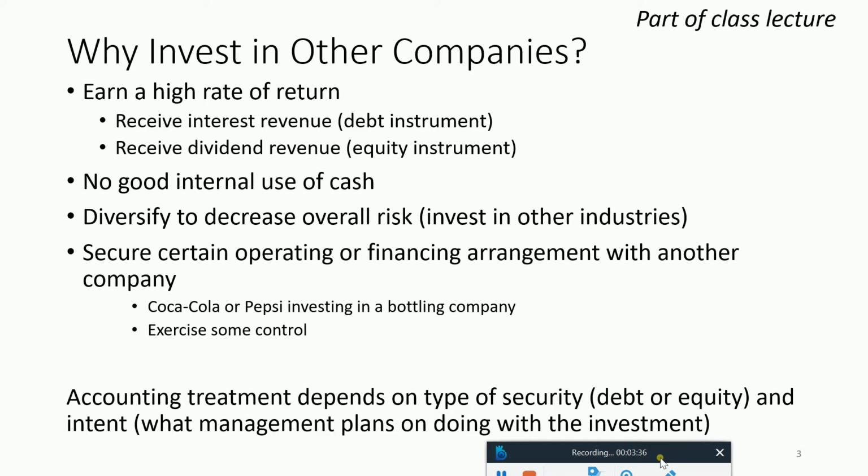It also can be a strategic decision, and that is to say that by investing in either an upstream or a downstream company that your company relies upon, they may be able to secure certain operating or financing arrangements. So if you think about it, Coca-Cola and Pepsi at their core, right, are beverage manufacturers, and Pepsi does more than just beverages.